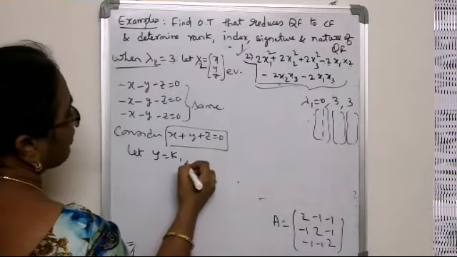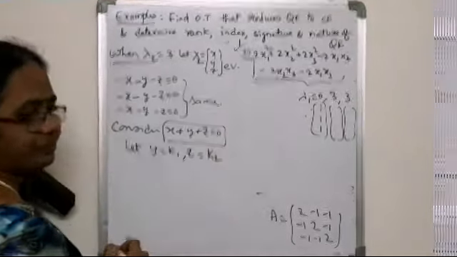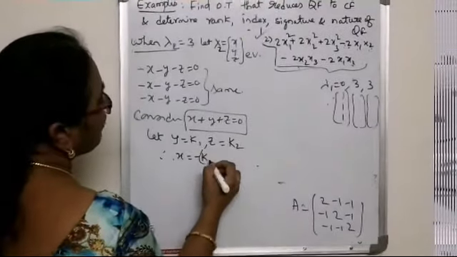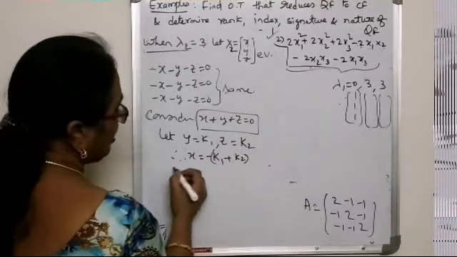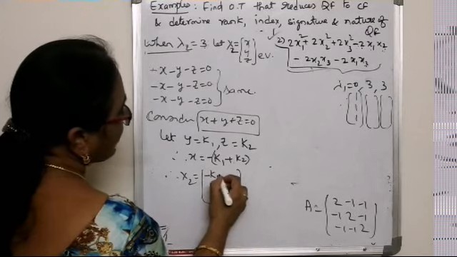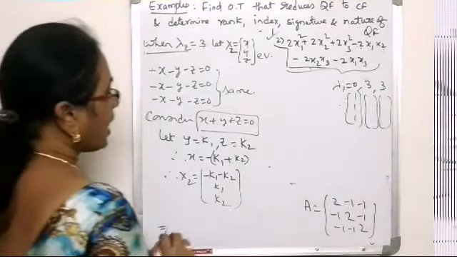Now suppose that y is equal to k1 and z is equal to k2. Therefore we get x equal to minus k1 minus k2, that is minus of (k1 plus k2). And with this the second eigenvector is (minus k1 minus k2, k1, k2).